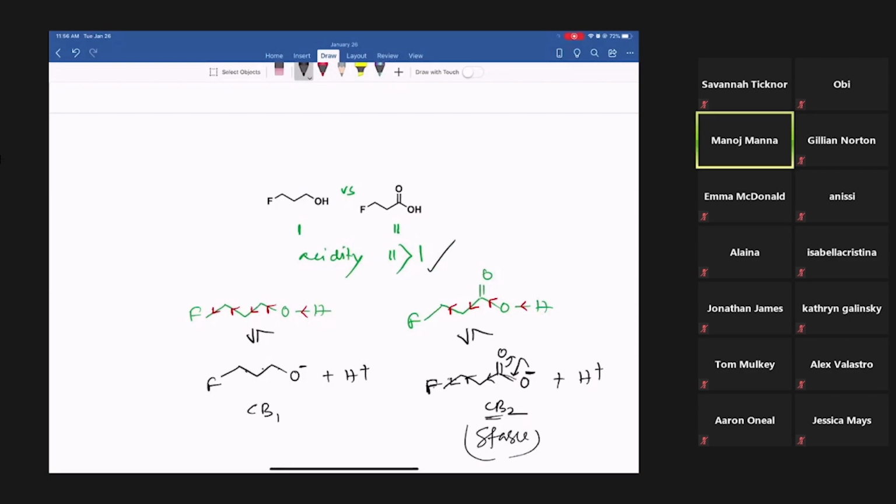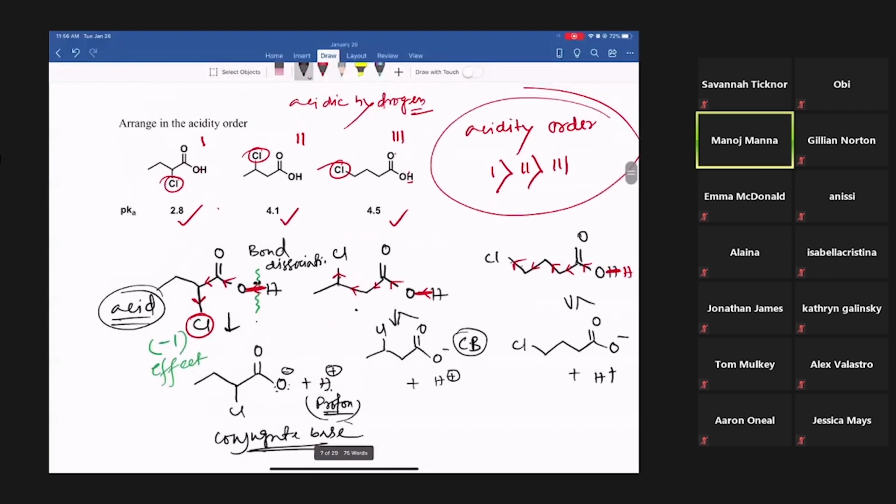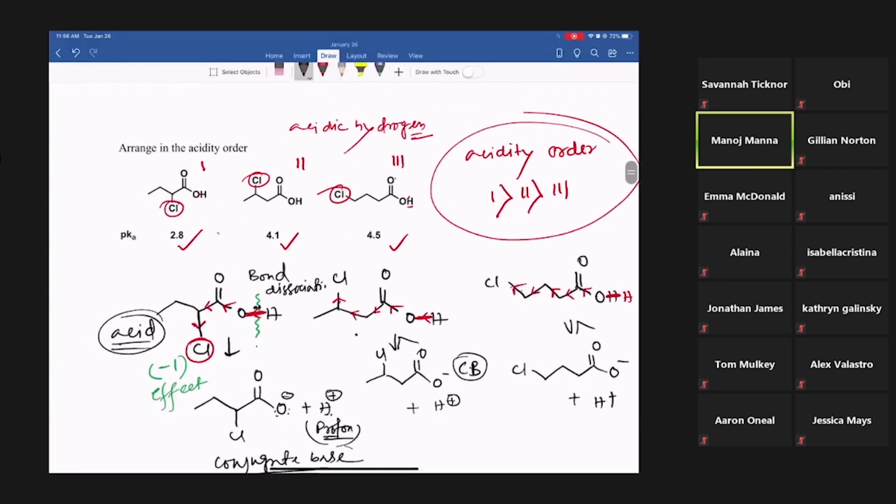Make sense? So if we want to understand the inductive effect, I think I already discussed that example over here, right? Here the position of chlorine. In this particular case, you have chlorine close to that OH bond, so the negative charge can be stabilized using the electronegative effect, the inductive effect.